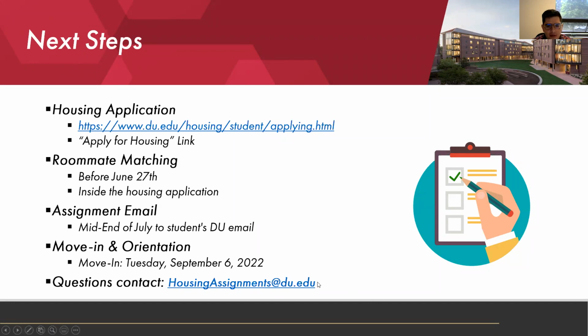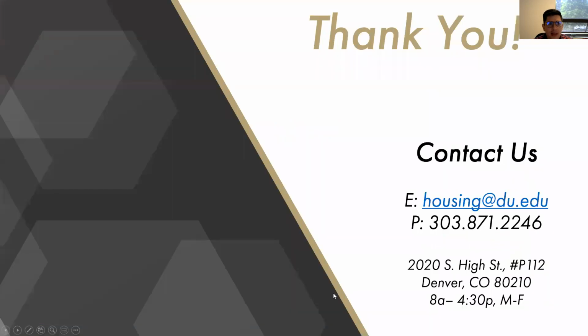I'll also send this into the chat function for you all, so you have that listed as well. But next, we'll kind of just be answering some of the questions that might be in chat still. And I'll leave it here on this page here for our contact information. If you do have any additional general questions, please feel free to contact us here at housing@du.edu.